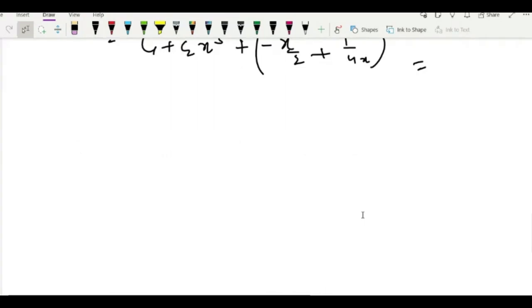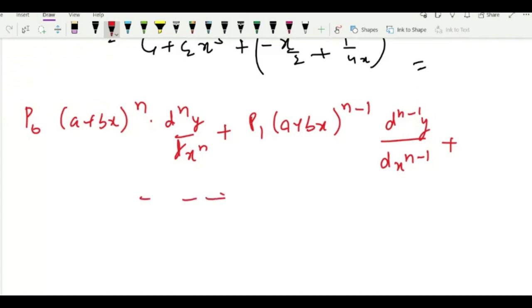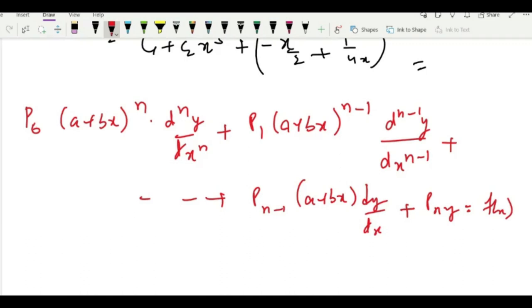We can have another equation of this type: p0 (a plus bx) raised to power n d^n y upon dx^n plus p1 (a plus bx) raised to power n minus 1 d^(n-1) y upon dx^(n-1) plus up to p(n-1) (a plus bx) dy upon dx plus pn y is equal to f of x. This is another type of equation which is even a generalization of the Cauchy-Euler equation.